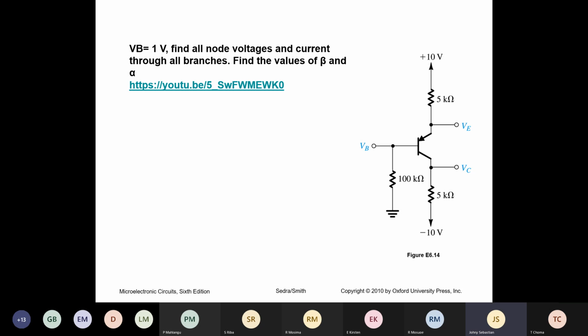Now, do you have the base current? Can you find the base current? IB equals, how do you find the base current from the emitter current?